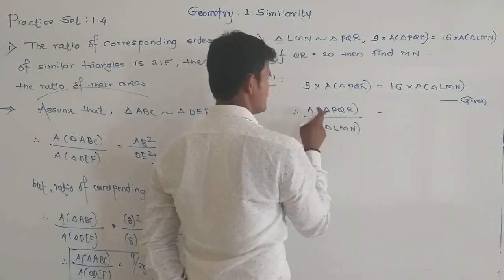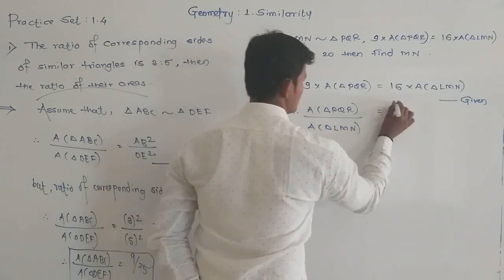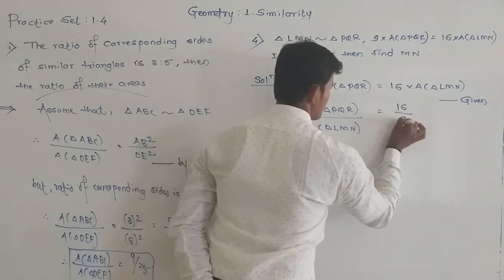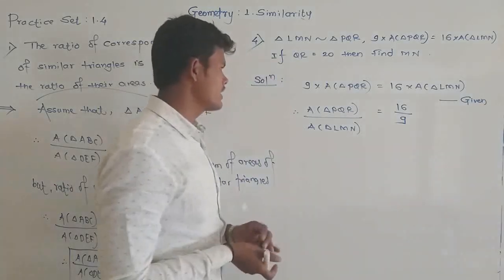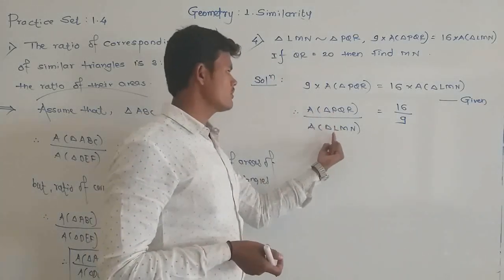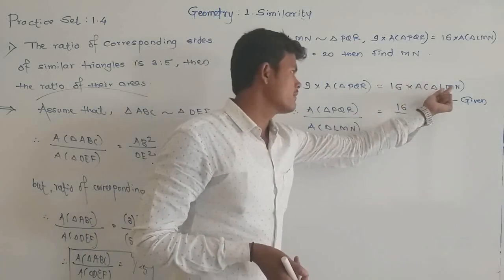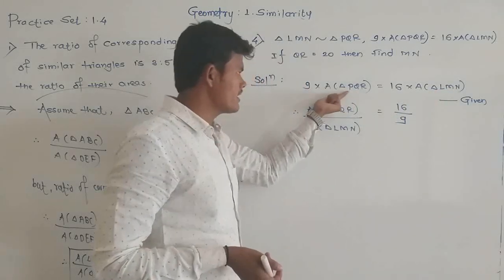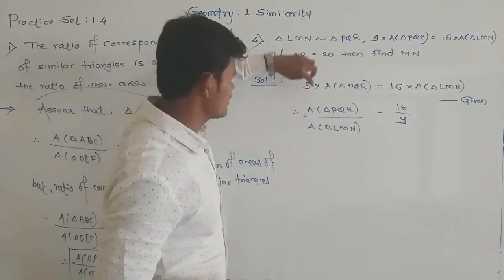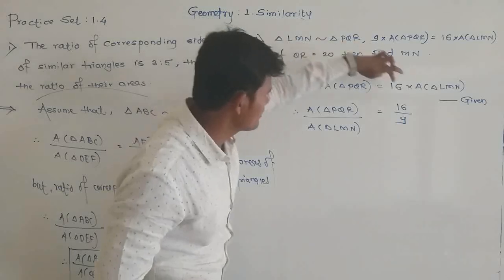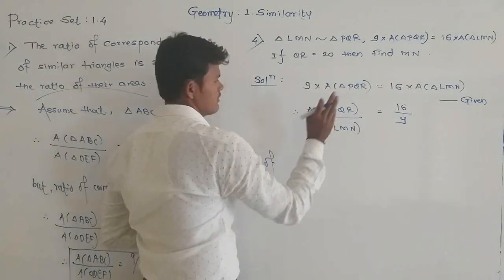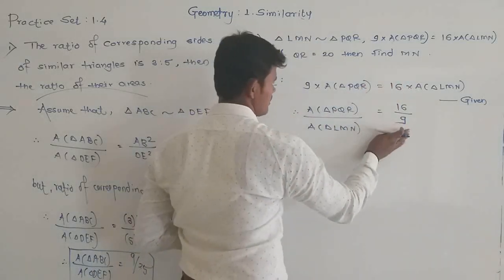So finally you get the ratio of areas of triangles as nothing but 16 upon 9, because we are taking the ratio of area of triangle PQR to LMN. The 9 is multiplied on this side, and on the other side it goes to 16. So we get the ratio of areas of triangles as nothing but 16 upon 9.